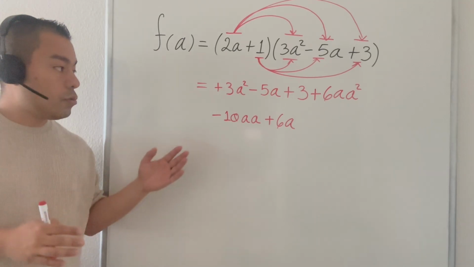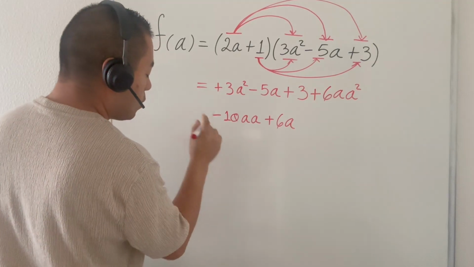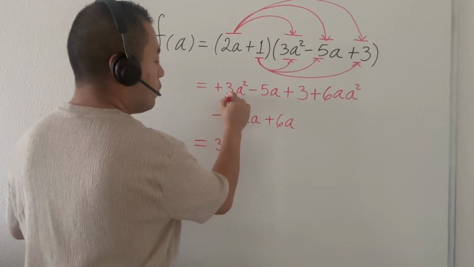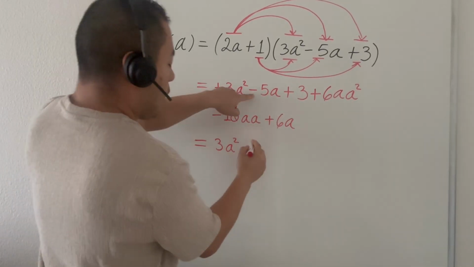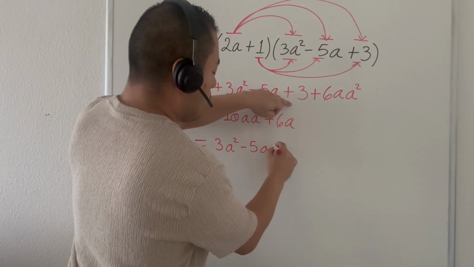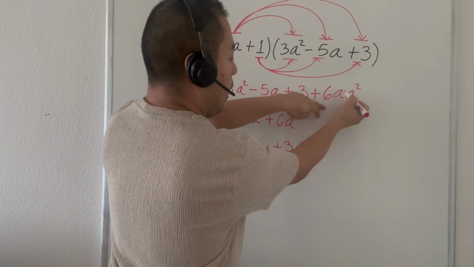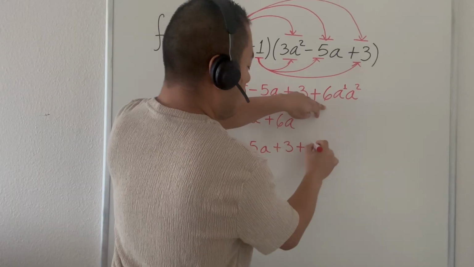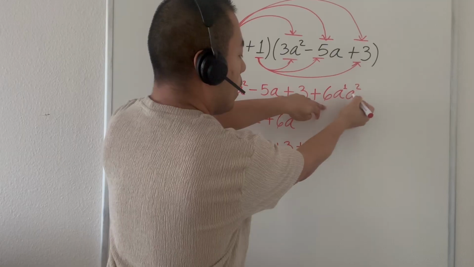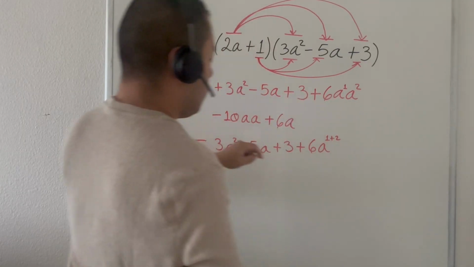What we need to do now is reduce the powers, okay? For the first term, we can just remove the plus, as we did before. So we have 3a squared. This is done. The second term is minus 5a. The third term is a simple number. The fourth, we have a power 1, recall. We have a 6, and then we have an a that is power 1, and another a that is power 2. This will be 1 plus 2, okay?